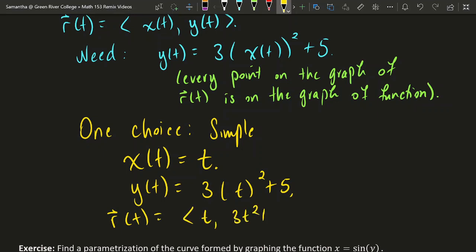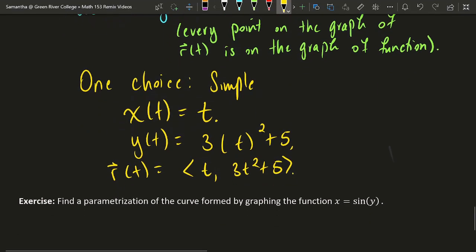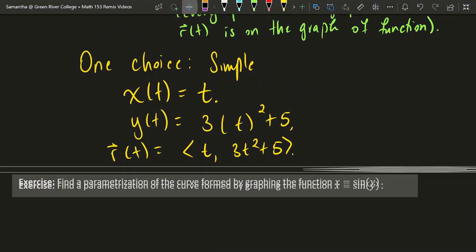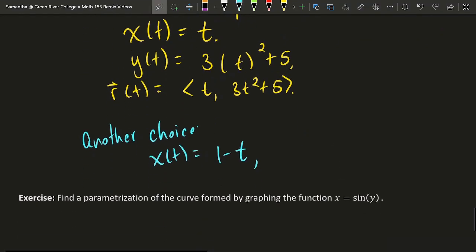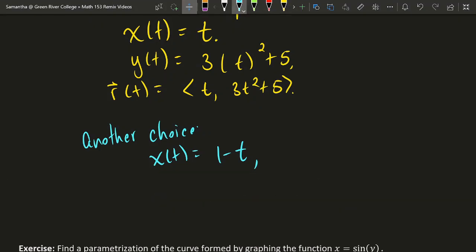Now that is not the only possible choice here, not by any means. If you wanted to, for example, another choice would be to set x of t equal to something else, like 1 minus t, for example, and then y of t would have to compensate to match that.